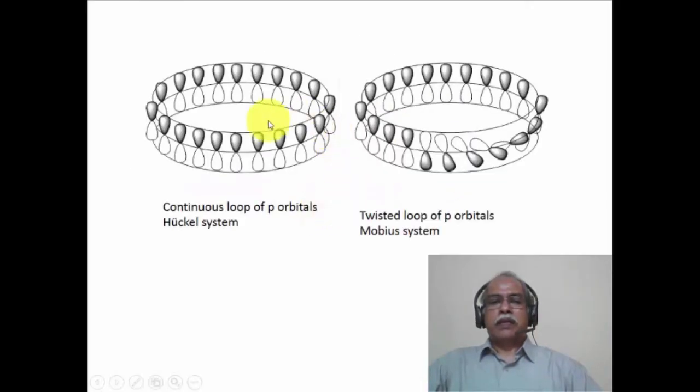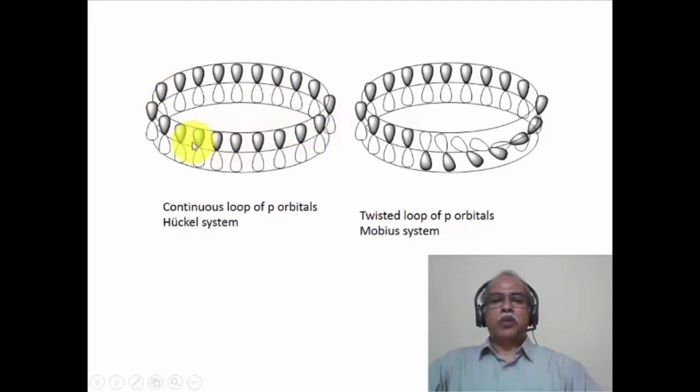Now this picture essentially tells you what a Huckel strip of a continuous loop is and what a Mobius type of continuous loop is. If you look at this loop here, all the shaded portion is on the top and it is continuous, and if you have 4n electrons in this continuous loop system, then it would correspond to a Huckel anti-aromatic system.